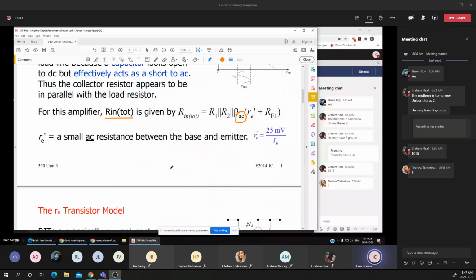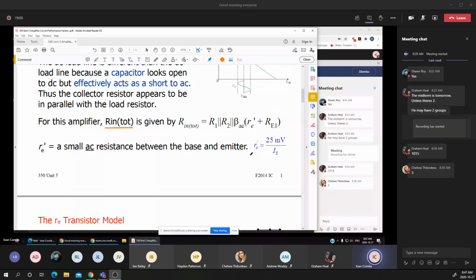Now, in order to determine the total resistance of the circuit, in the equations, that's the RE1, means that's the resistance in the emitter in DC, but on top of that I have the re, which is the emitter resistance.